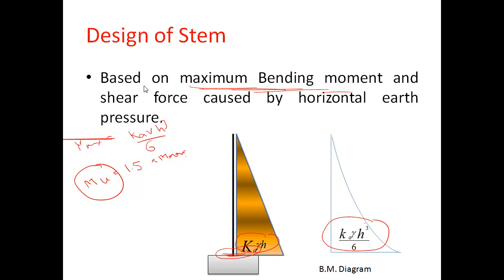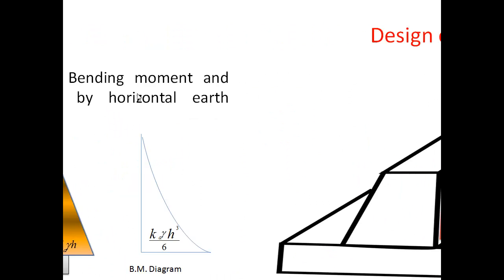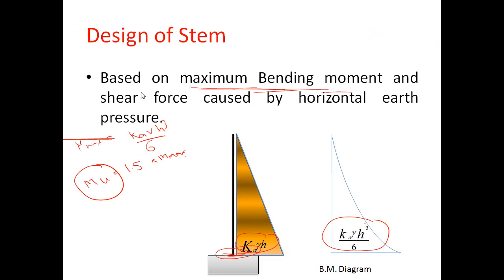So how can we find out the stem width? For a balanced section, we know the grade of concrete and grade of steel. For this grade of concrete, this grade of steel and this moment, what should be the balanced depth? We can find it out.